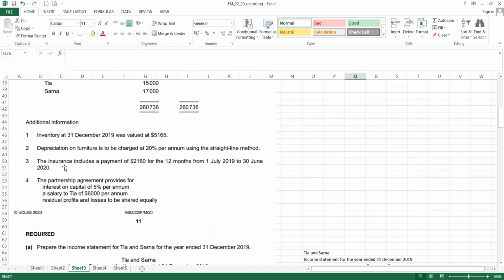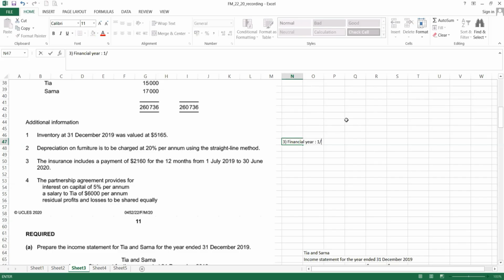They say that the insurance includes a payment of 2,160 for the 12 months from the 1st July 2019 to 30th June. First of all, what is our financial year? For the question, information number 3, what is the financial year?